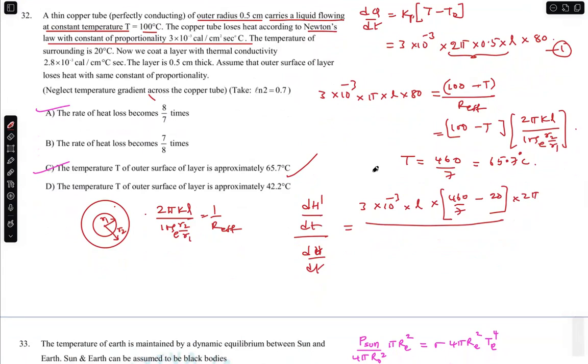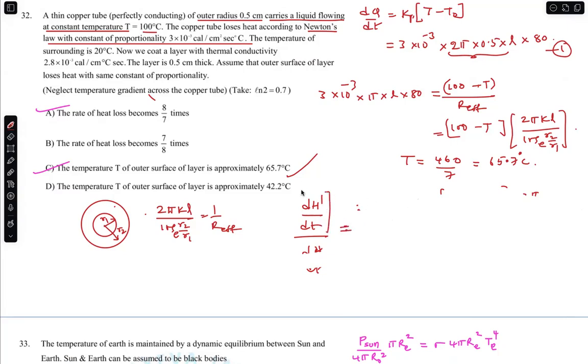So by substituting, you get it. Now you just compare the initial rate of radiation and the final rate of radiation. That gives you the answer.